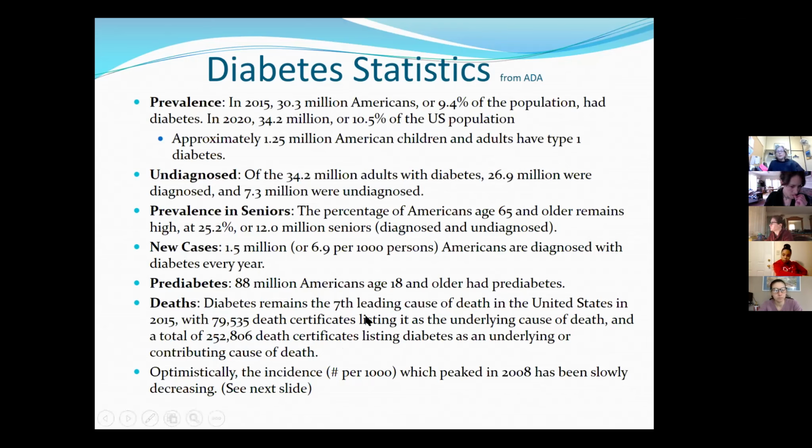Deaths. Diabetes remains the 7th leading cause of death in the US in 2015. And these deaths may be directly related to their diabetes, but more often it's related to their long-term complications that they've developed secondary to their diabetes.